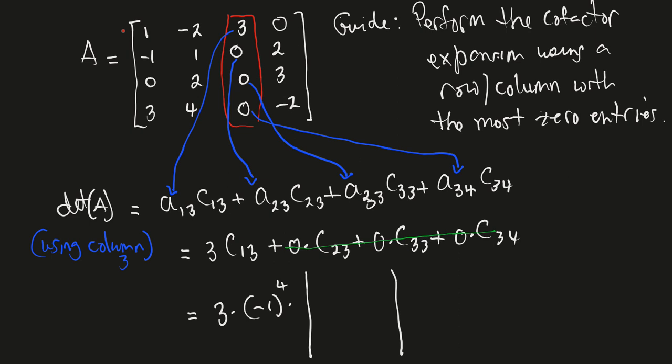So first row, gone. Third column, gone. And what's left is, so let's write down those remaining 9 entries. So we have -1, and then 1, and then 2, and then 0, 2, 3, and then 3, 4, -2.